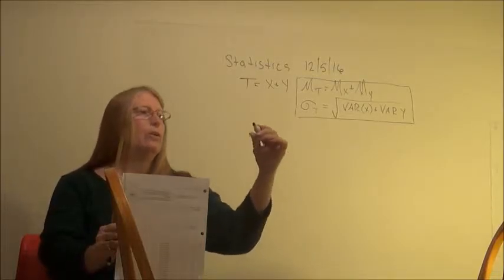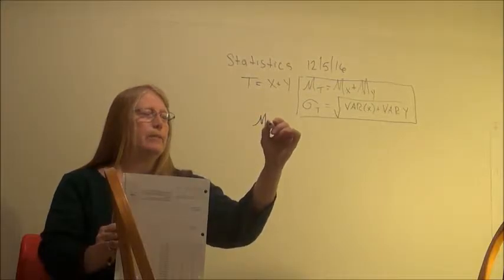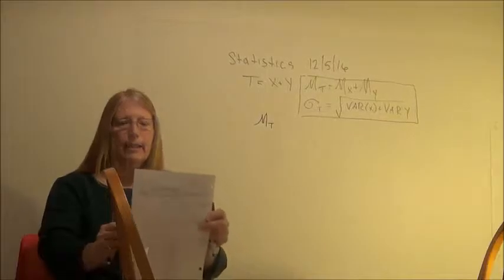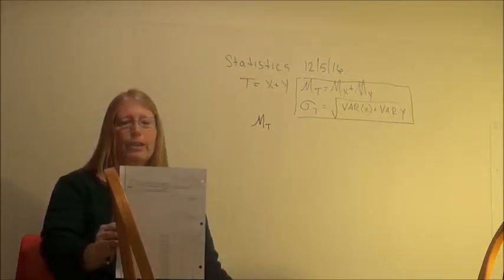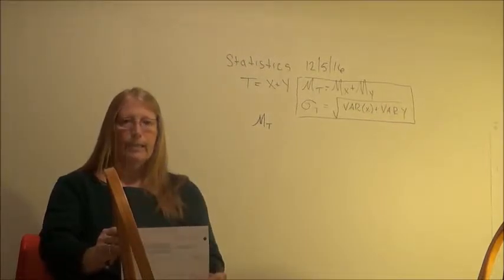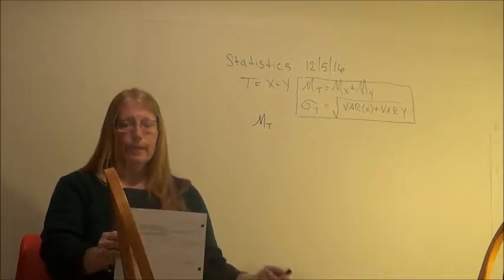So they want the total. So go ahead, turn this off, and calculate the expected value of the total reading and math, and then the standard deviation of the total reading and math.